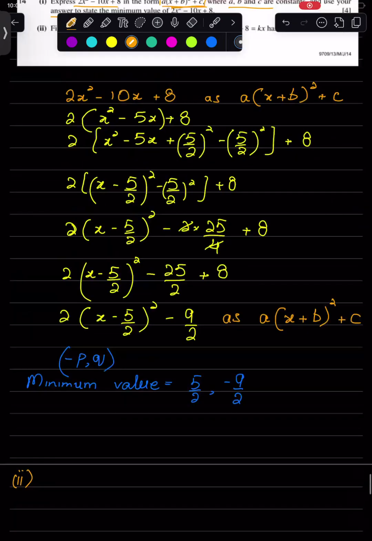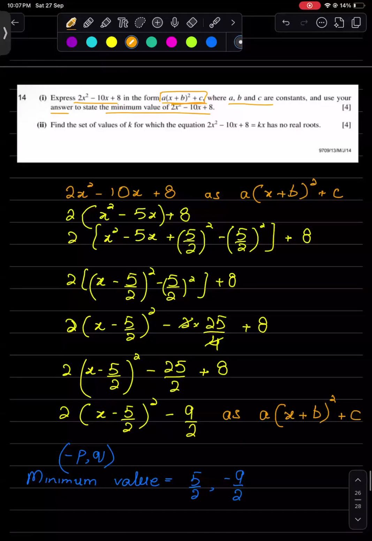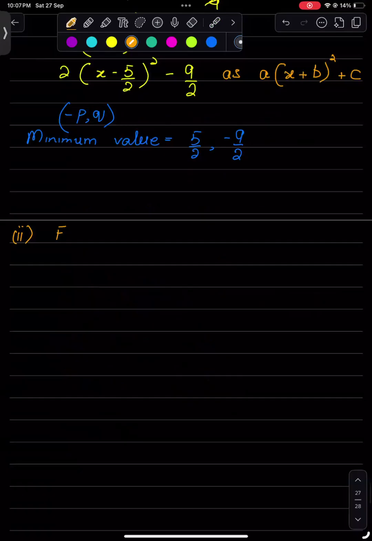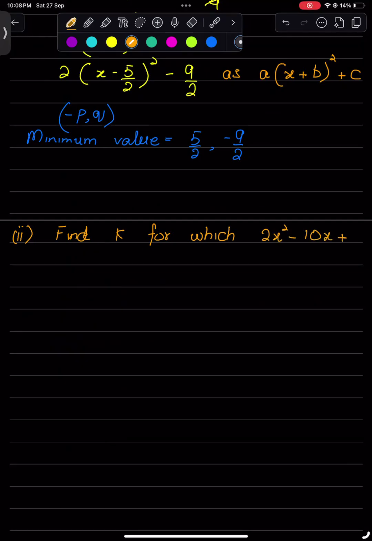For the second part, find the set of values of k for which the equation has no real roots. What does it mean? It means the discriminant is less than 0.